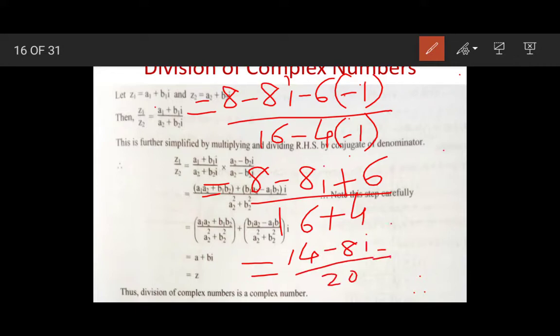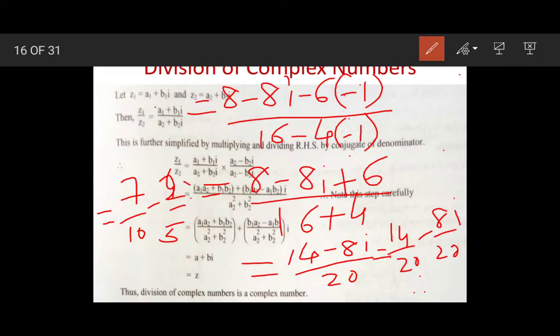This can be written as 14 upon 20 minus 8 upon 20 i, which is equal to 7 upon 10 minus 2 upon 5 i. So this is in the form a plus bi, where a is 7 upon 10 and b is minus 2 upon 5.